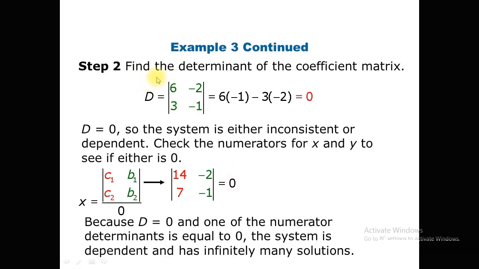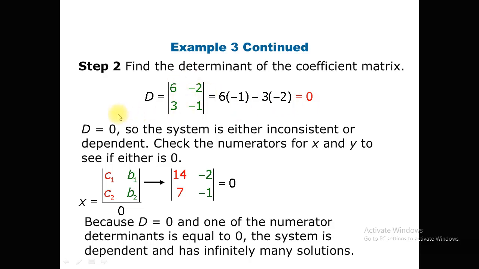Now first find the determinant of the coefficient matrix. The coefficient matrix contains the coefficients 6, minus 2, 3, minus 1, and the determinant is 6 times minus 1, which is minus 6, minus minus 2 times 3, which is minus 6, so minus 6 plus 6, so the determinant is 0.